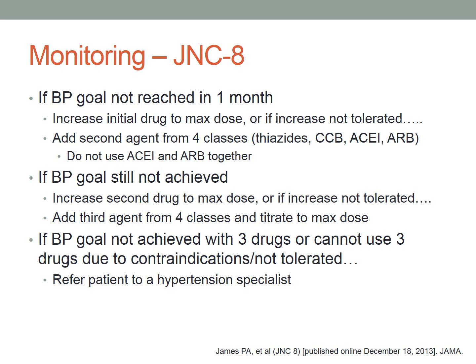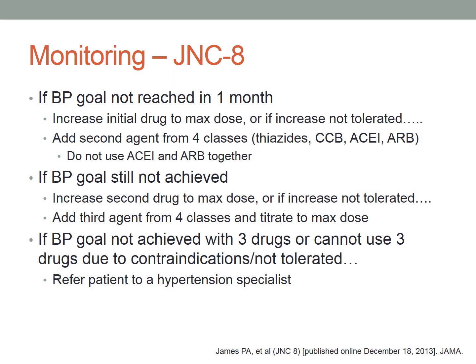However, as I said, a lot of times people do need more than one agent, so just make sure that you're giving them a chance on the max dose to see if they can tolerate it before adding the second one. So if your blood pressure goal is still not achieved, then you can increase the second drug to max dose and then add a third agent from the 4 classes and titrate that to the max dose as well.